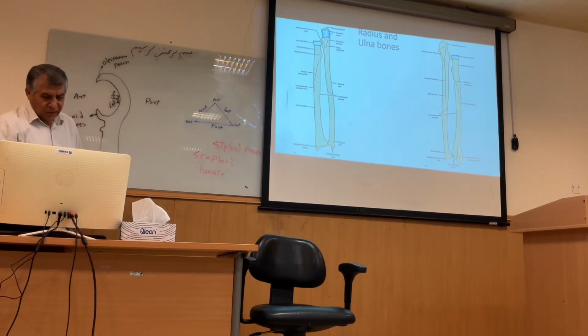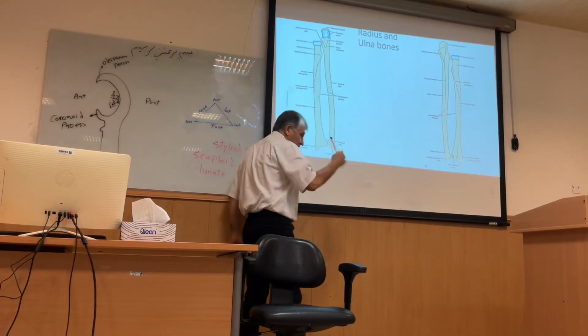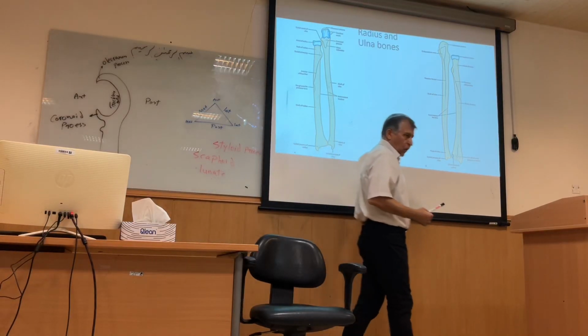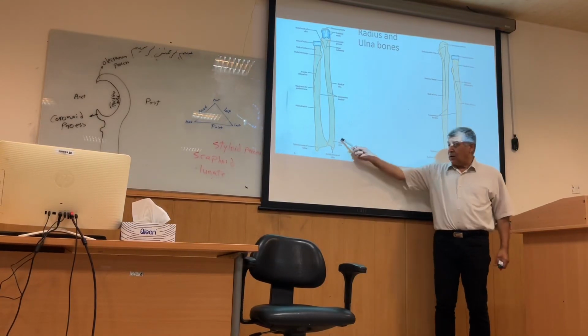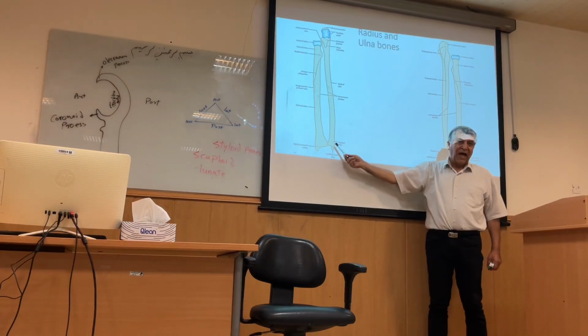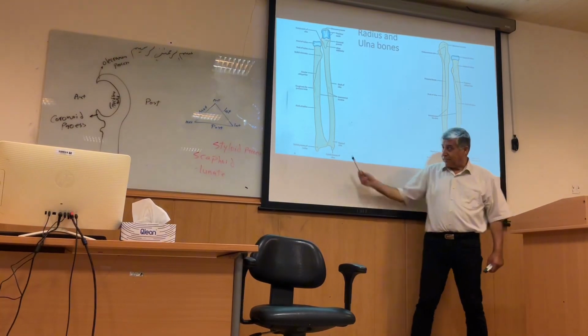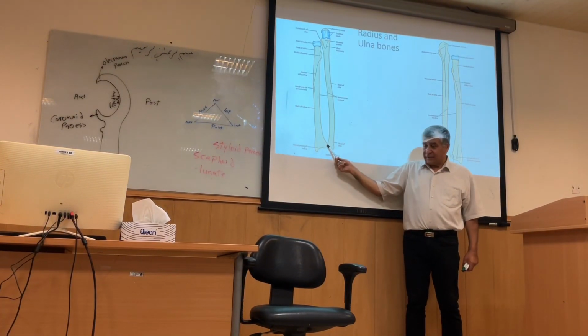Distal end of the ulna is called the head of the ulna. Head of the ulna is in the lower end. Head of the ulna has five surfaces. Lateral surface articulates to the radius, forming the inferior radioulnar joint.